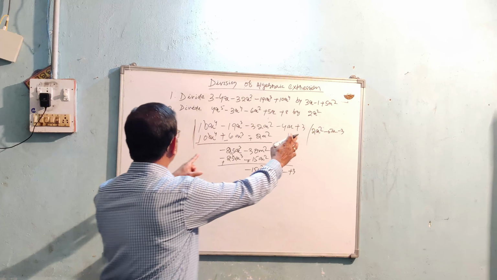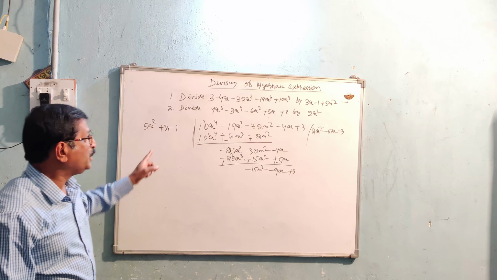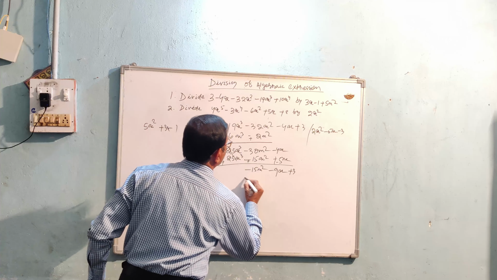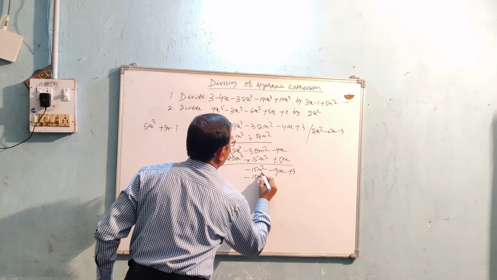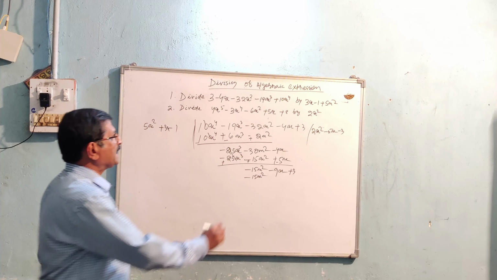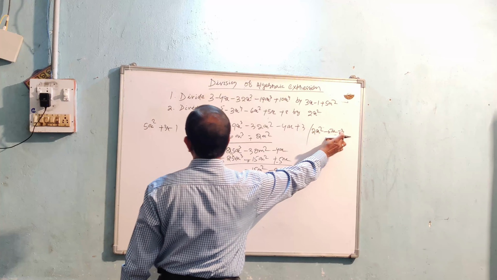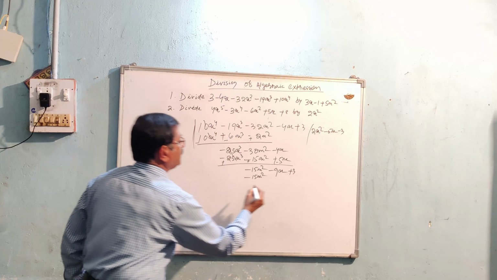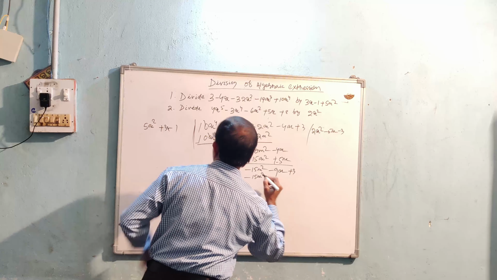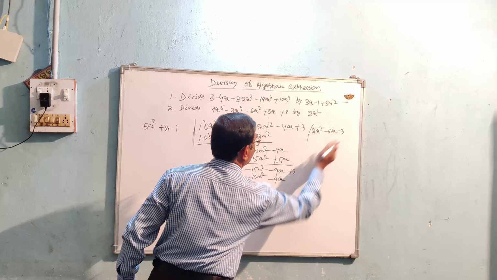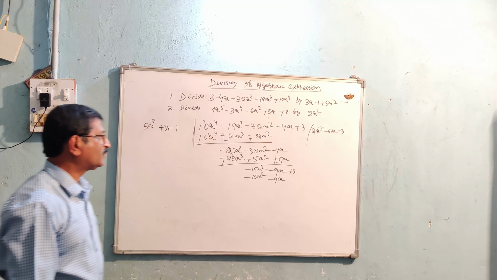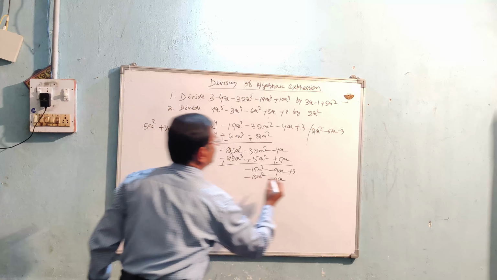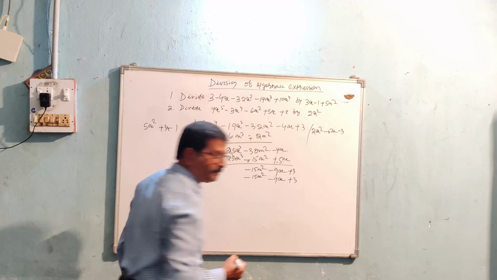Minus 3 into 5 becomes minus 15, that is minus 15x square. Thereafter minus 3 into plus 3 becomes minus 9, and we don't have any x there, so that becomes this one. Minus 3 times minus 1 becomes plus 3.